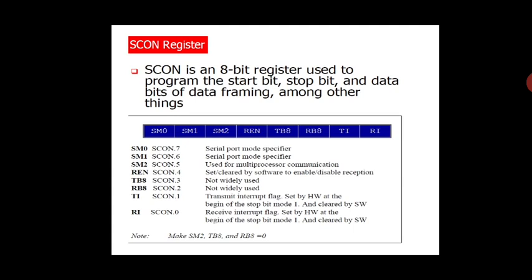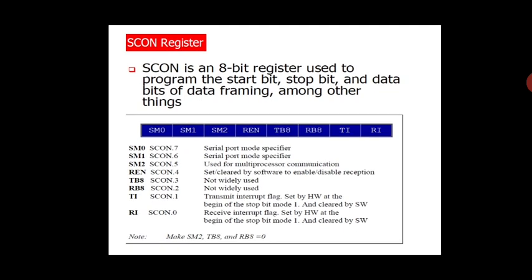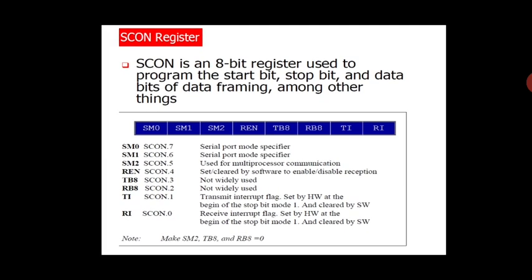These bits can be accessed by name, RI or TI, or by using SCON.0, the 0th bit, SCON.1, and so on, up to SCON.7. Some of the bits are not used much, those are TB8 and RB8. We'll see the modes of operation.